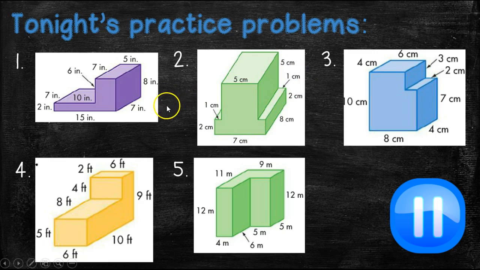For instance, if you were just finding the height of this section, you're not going to count it as 8. The height instead would be the 2, all right? So go ahead and pause the video and come back when you're ready for the answers. Coming back in 5, 4, 3, 2, 1.